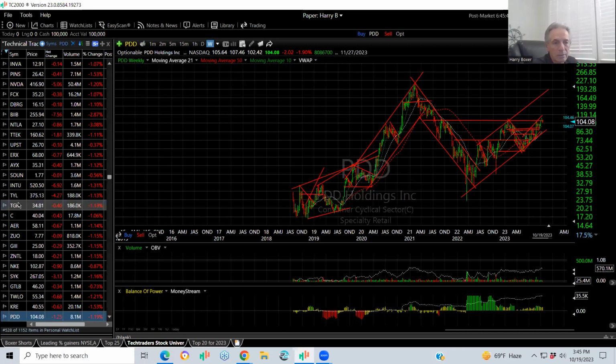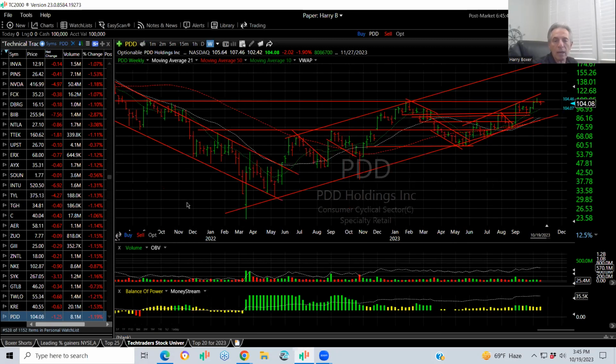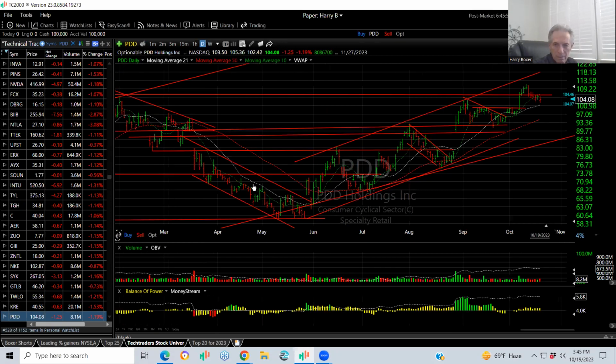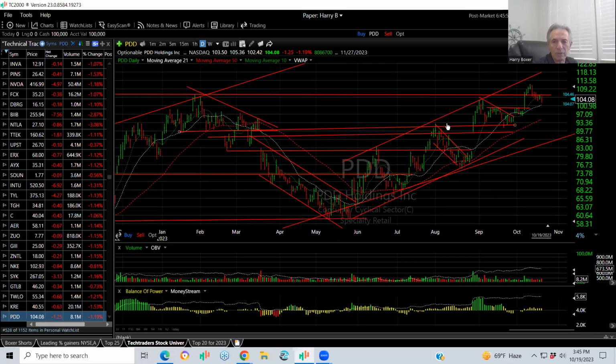So we'll see if that's the case. Anyway, great looking chart. I was blown away by the relative strength of the stock, considering it's Chinese and Chinese stocks haven't done well. The problem is I don't want to see it below 100. Secondary support 95. Resistance 110, 111. The target is 120, 122.